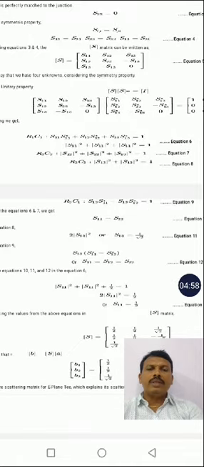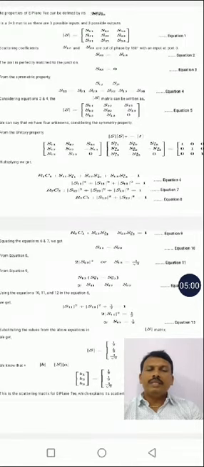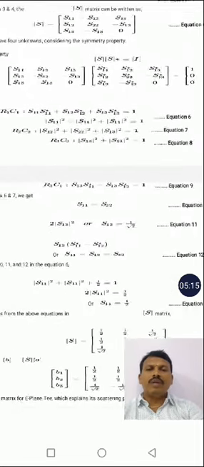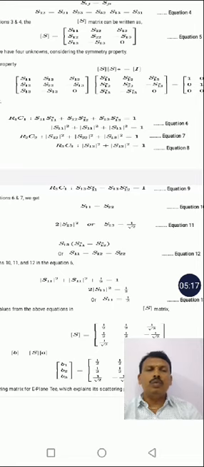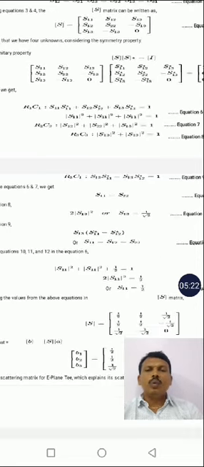Next is the unitary property. The S matrix multiplied by its complex conjugate is equal to the unit matrix. So I will write the equation number 5 matrix multiplied by the same matrix's complex conjugate, equal to the unitary matrix. First I take row 1 multiplied with column 1.